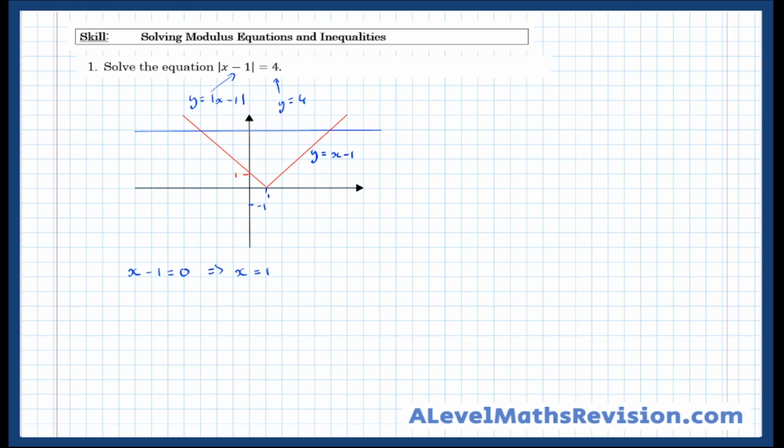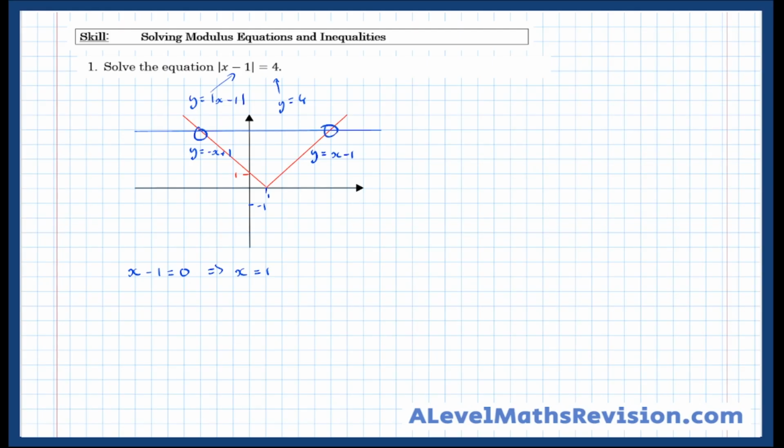This part here is the reflected part, the part we've made negative from what it was. It was negative, we've negated it again to make it the positive. So that is the negative of y equals x minus 1. That's y equals minus x plus 1, i.e. the negative of all of x minus 1.